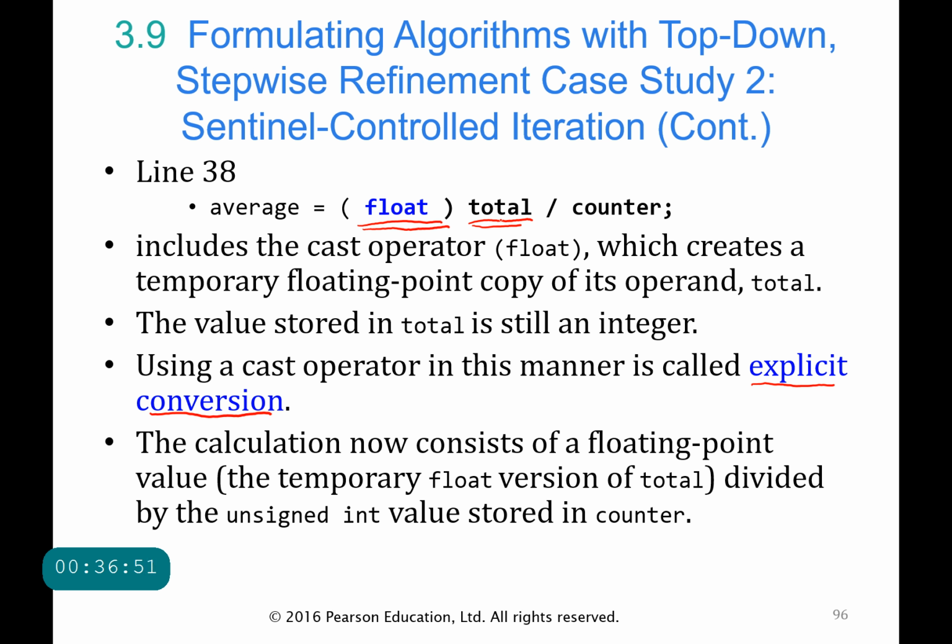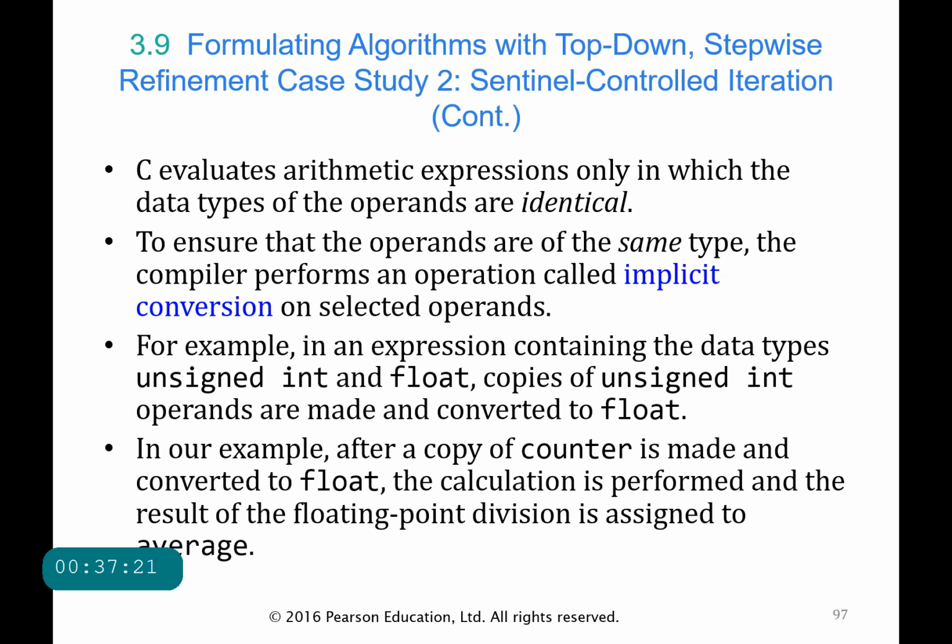So we explicitly convert an integer into a floating point number, but there's something else going on as well. Since this number is now a float, and the C language typically does not do calculations between data types that are different from each other, the compiler will also convert the counter variable into a float for the time being. So it will do this implicit conversion.